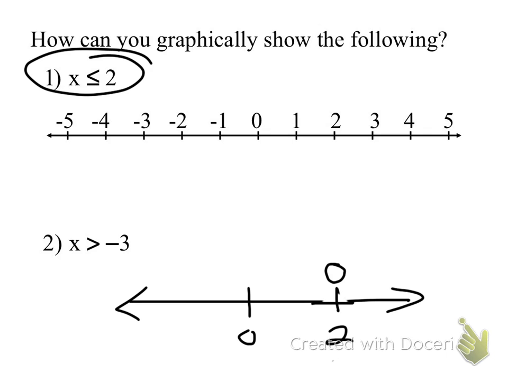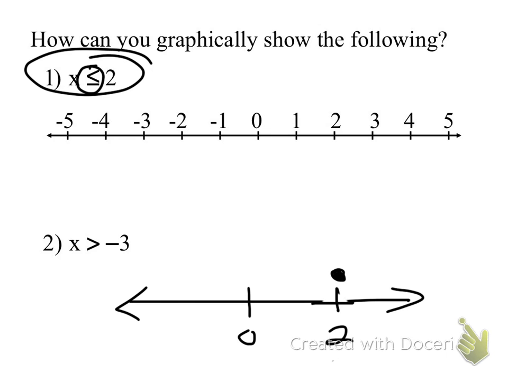But 2 is part of that number set because it has the equal to. So to show that it includes the 2, whenever you see the or equal to, you've got to color it in because that means it includes 2.